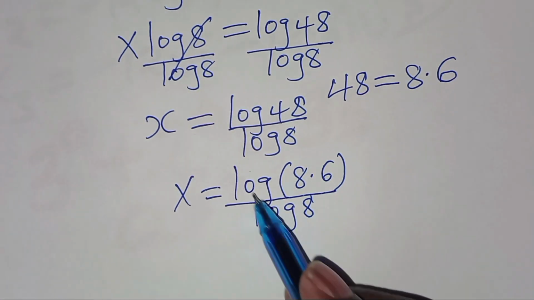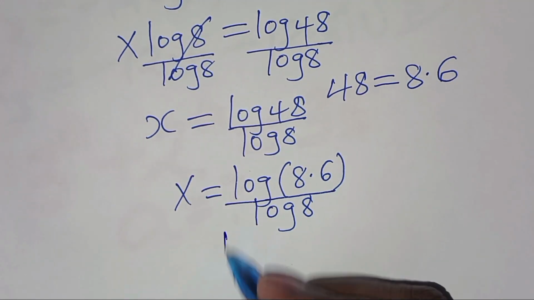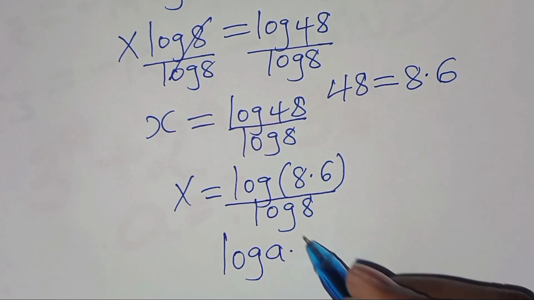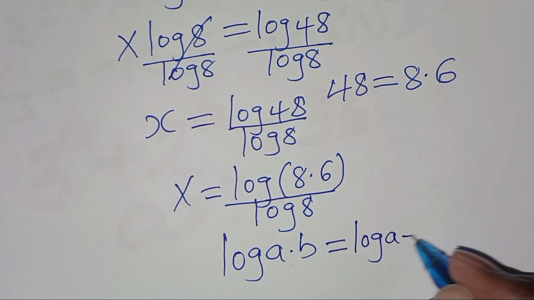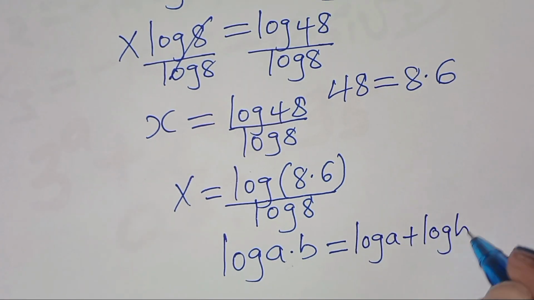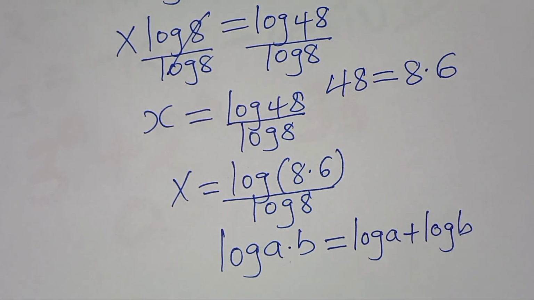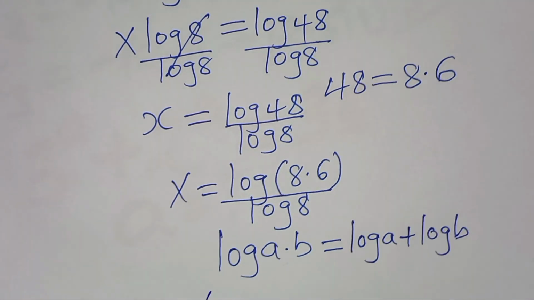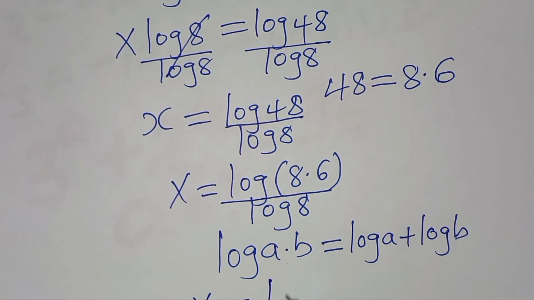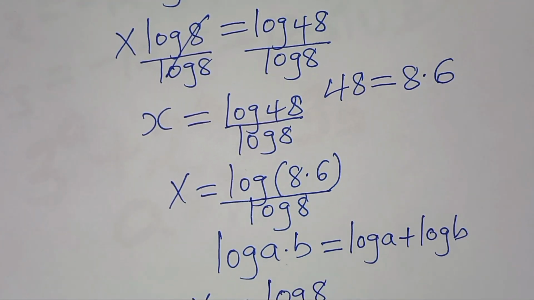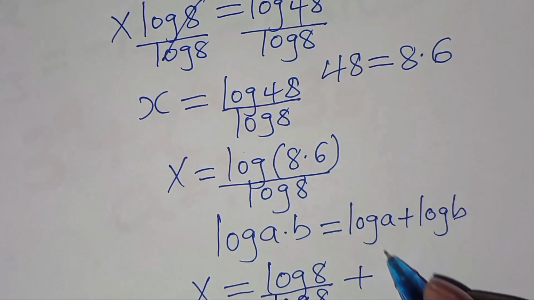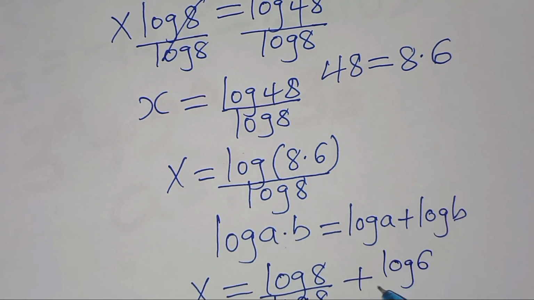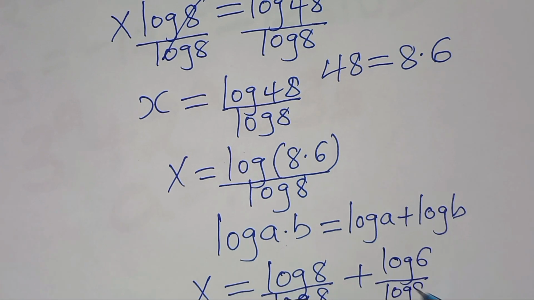The next step here, log of 8 times 6 is in the form of log of a multiplied by b, which we can express as log a plus log b. So applying this logarithm property, then here we'll have x equal to log 8 divided by log 8 plus log 6 divided by log 8.